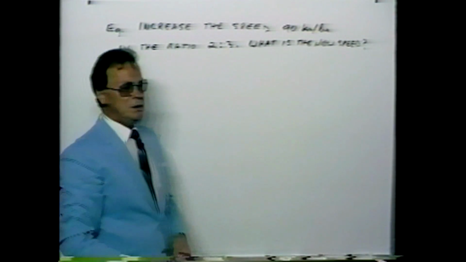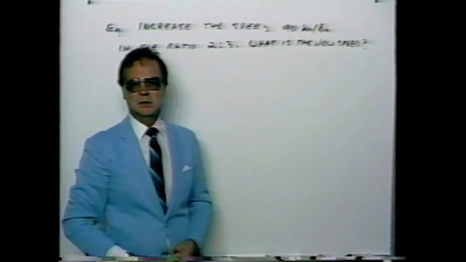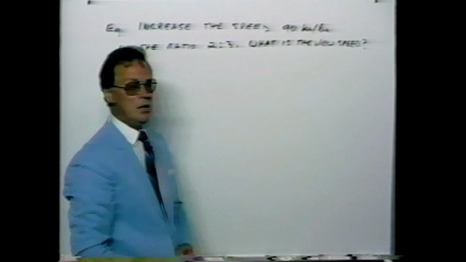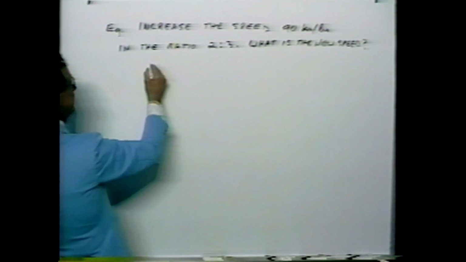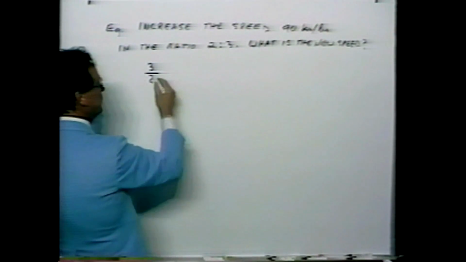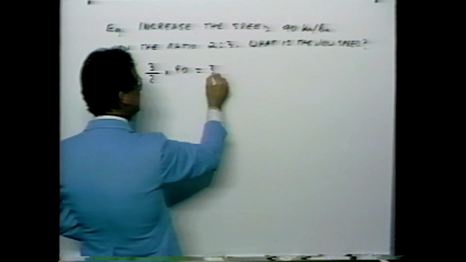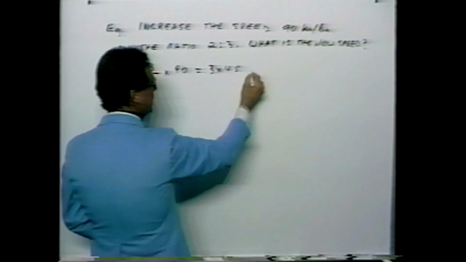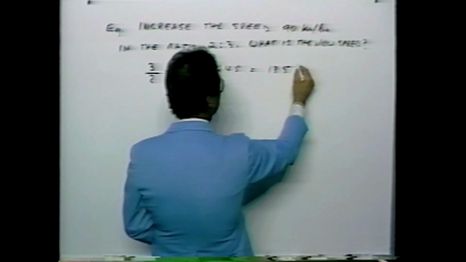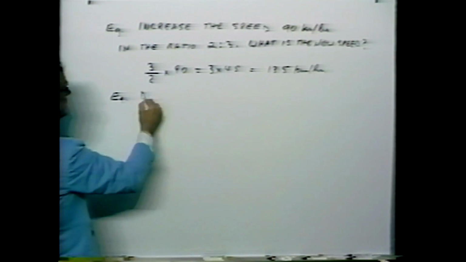To increase the speed of 90 kilometers per hour, make a fraction out of the ratio and make sure the numerator is larger than the denominator. Consequently, 3 over 2 is the ratio we want to use. 3 over 2 multiplied by 90 is equal to 3 times 45, which in turn is 135 kilometers per hour.